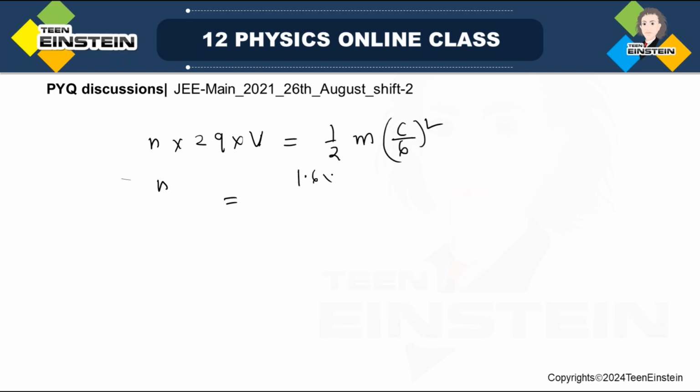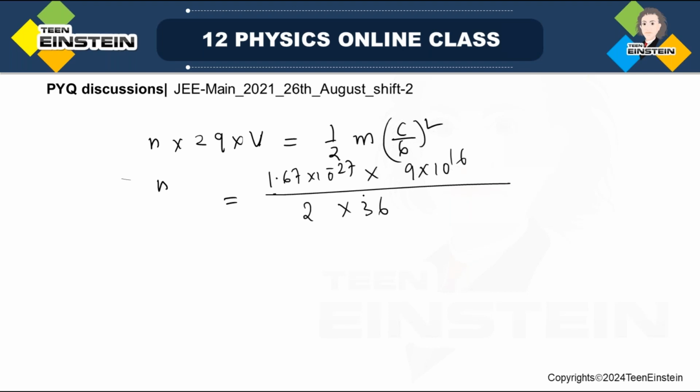See, m is given as 1.67 into 10 to the power minus 27. c square is 9 into 10 to the power 16, divided by 2 into 36, and this side the half will come here, so 2, and q is 1.6 into 10 to the power minus 19, right?